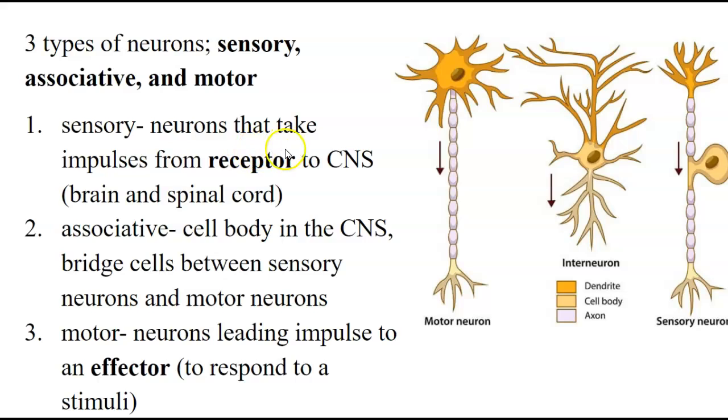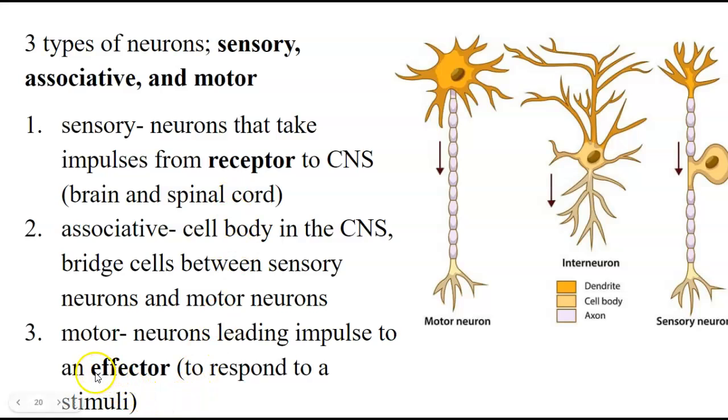So your skin would act as a receptor. Your ear is a receptor. Your eyes are receptors. There are receptor neurons in your eye taking in information. Skin neurons taking in information.